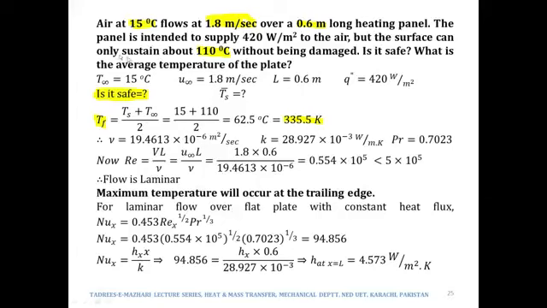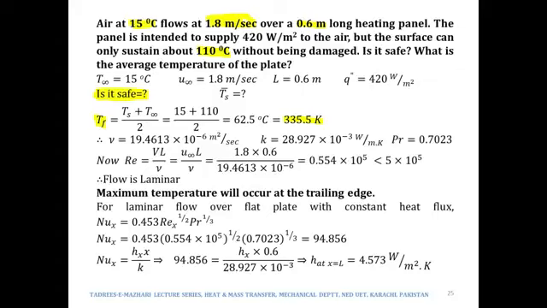Now, when it says that we need to be sure that the plate does not go beyond 110 degrees Celsius, over here, since it is a constant heat flux problem, therefore Ts would vary. If you recall our previous discussion, if the temperature remains constant, Q would vary, and if Q remains constant, the temperature of the plate would vary.